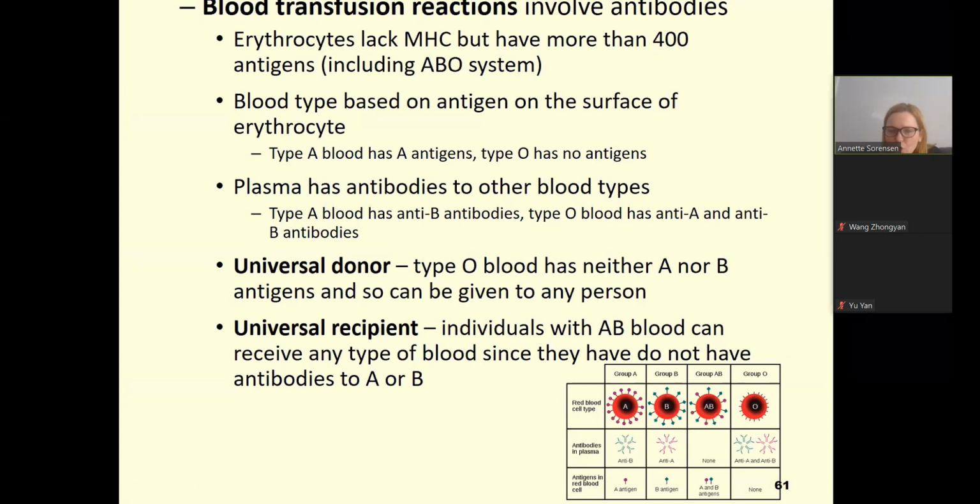If you're group O, you have no antigen on your red blood cells, but you have antibodies against A and B circulating in the plasma. So for blood transfusion, you need to think very carefully about the blood type of the recipient and the blood type of the donor.